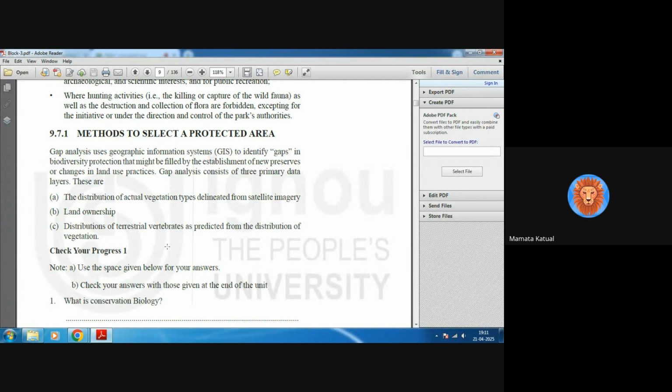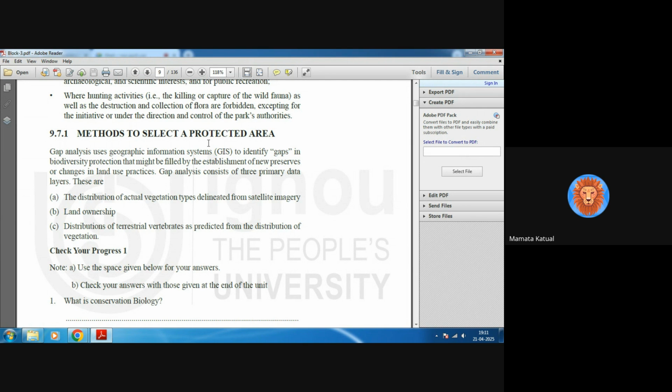But now we come to the methods to select a protected area. How to select a protected area? Gap analysis uses a geographic information system. All of you must know what a geographical information system is; it gives information about the geography of a particular area. What is gap analysis?